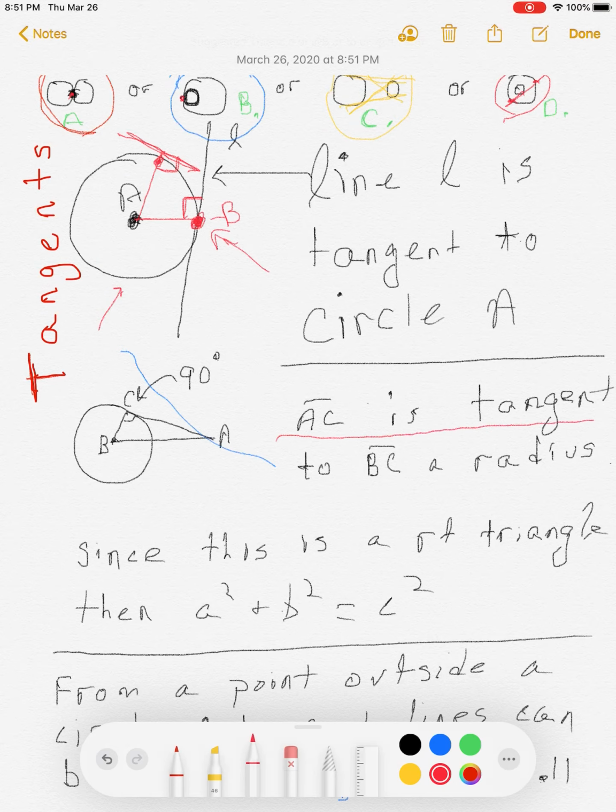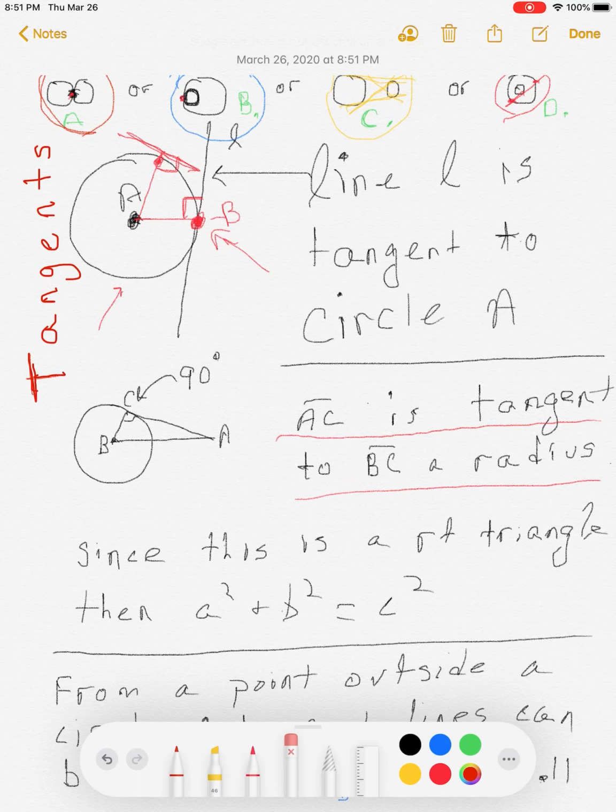AC is tangent to BC, which is the radius. A line tangent to a circle is perpendicular to the radius at that point. In this case, the figure is BCA. That's the triangle that's formed. All right.